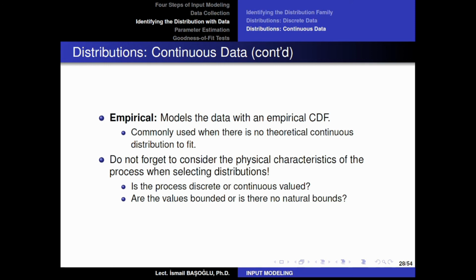For example, the time to failure has a natural bound. It can never be less than 0. There cannot be a negative duration. So it has a natural bound there. Or a percentage value has a natural bound between 0 and 100. Percentages can never be greater than 100 and can never be less than 0. They have natural bounds. So you need to also identify these things in observations as well.